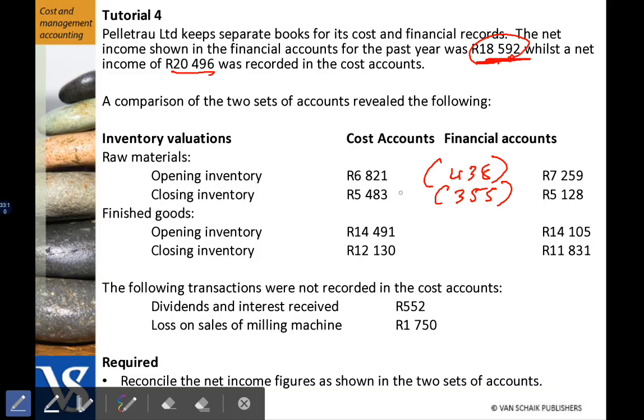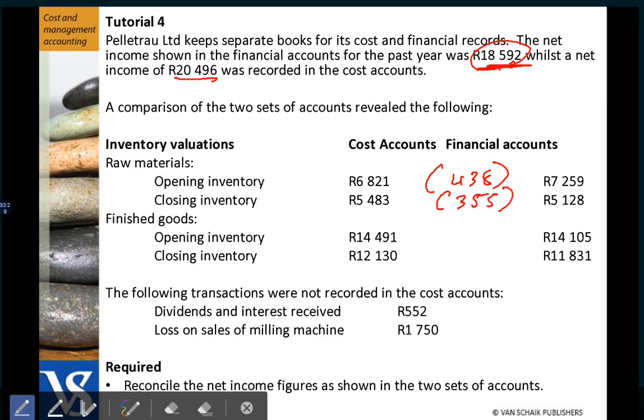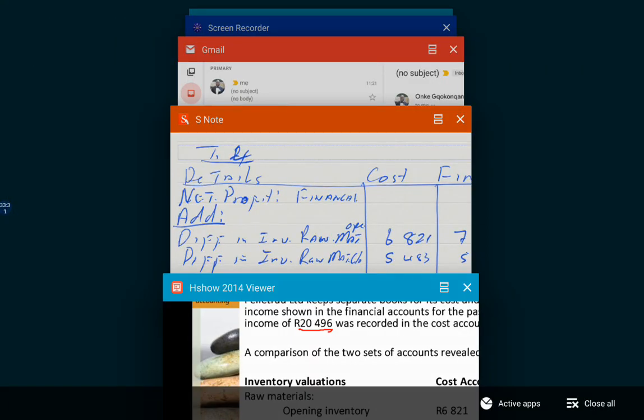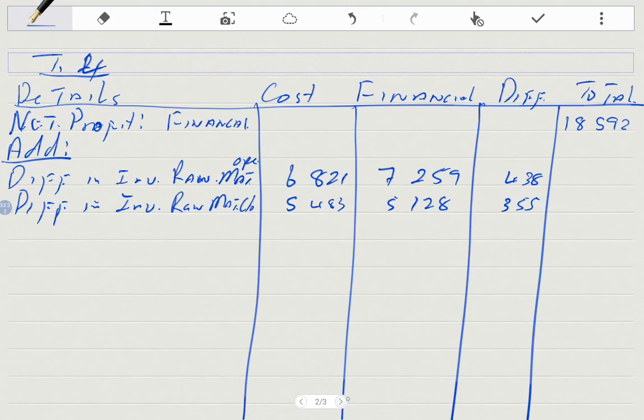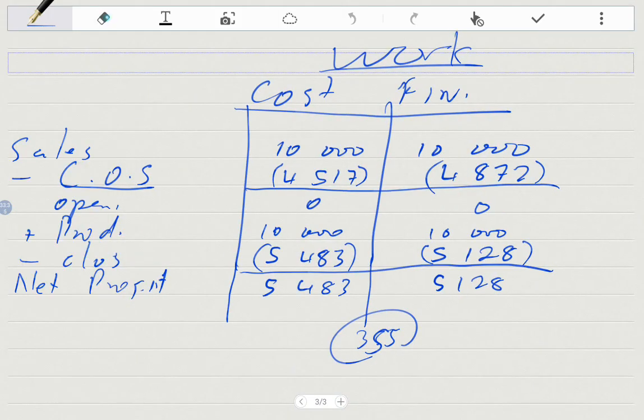The opening on the cost side was less than the financial, so we ended up adding, but in this case the opening in the finished goods is more than the one on the financial side. Therefore we are going to minus that one. If you guess like that, you are correct, but I'm going to show that again by doing a test, so that we can see whether our guess is correct or not.